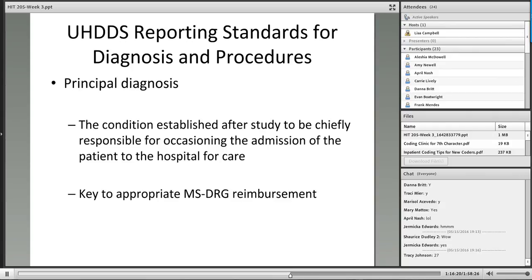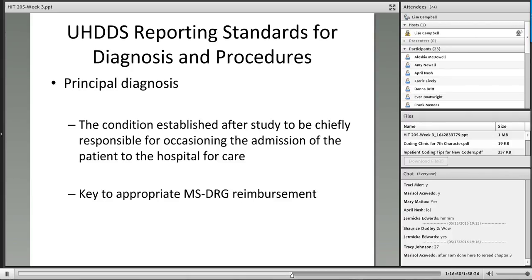So why do you need to read them? Because your MSDRG determines the reimbursement. So our role as the coder is to review the documentation and select the correct principal diagnoses. Sometimes it's not easily identifiable. That is true. But this is what you want to think about.